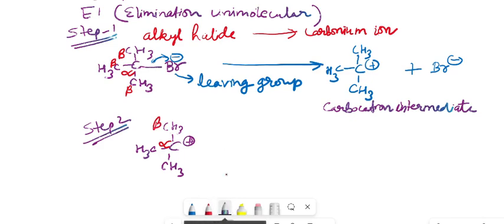Now the base is coming here with a pair of electrons, and these electrons are given to the hydrogens connected to this beta carbon, and the removal of hydrogen as proton takes place. This base is coming from EtOH, that is ethanol, and the product is simple alkene.